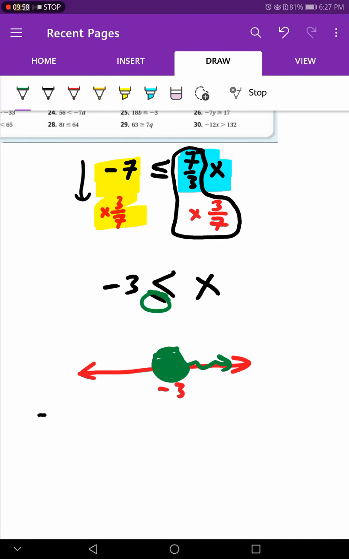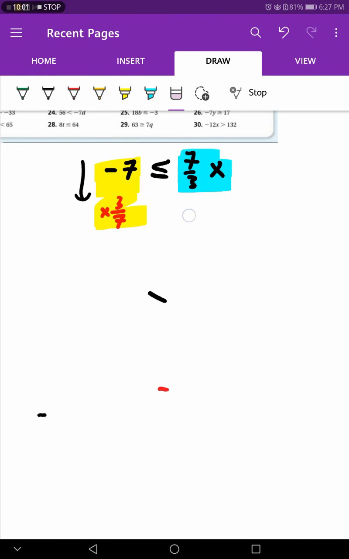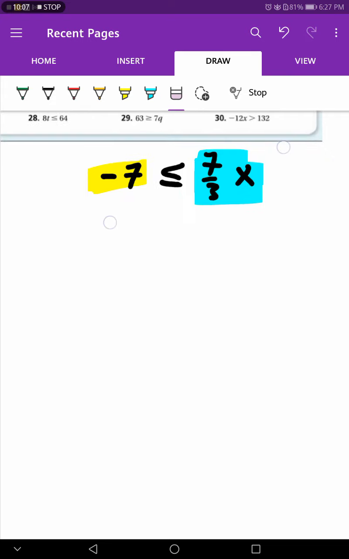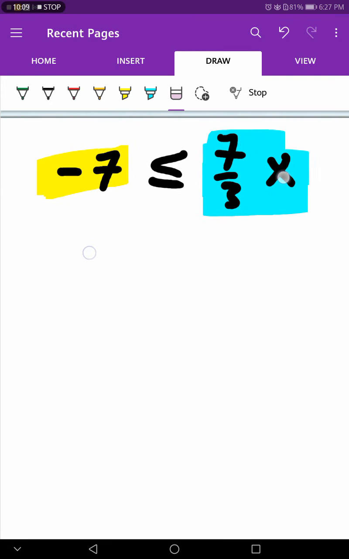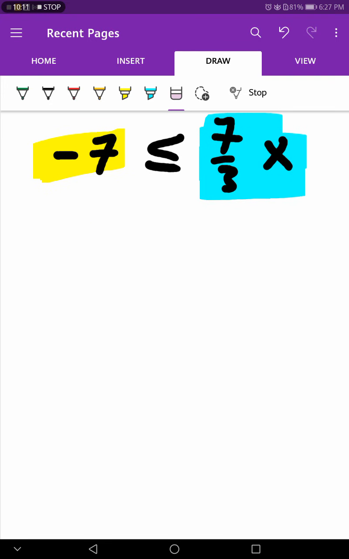So what we learned from here is that if the coefficient is a fraction, how do I eliminate it? Can you tell me? Don't sleep in my class. Switch it and then multiply, that means multiply by its reciprocal. Reciprocal means flip it.